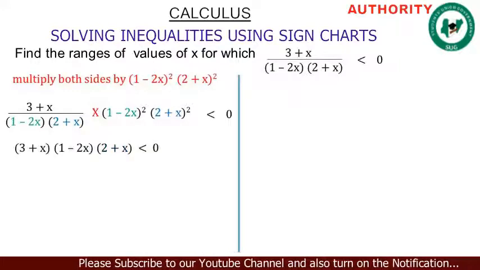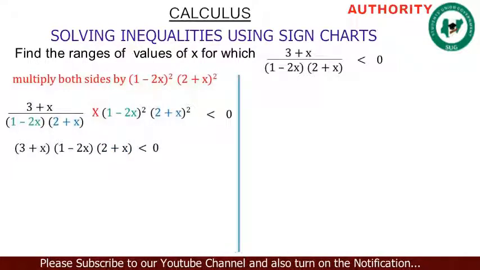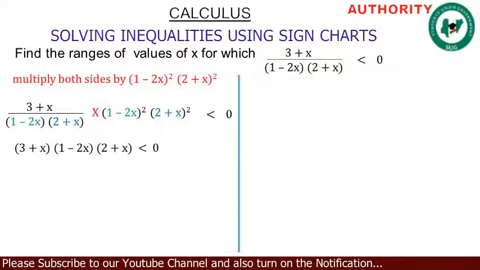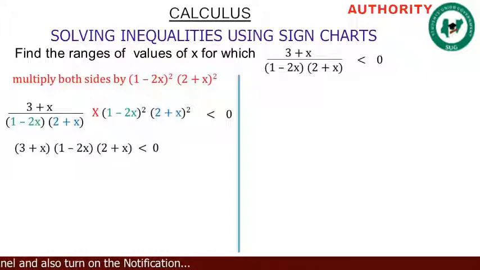So at the end of the day we have (3 + x)(1 - 2x)(2 + x) less than 0.